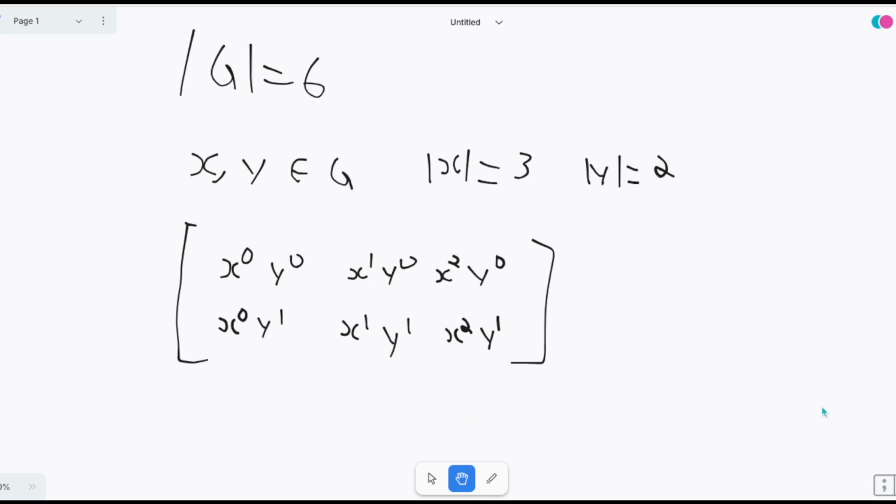Now, in particular, we have xy is one of the elements of the group.